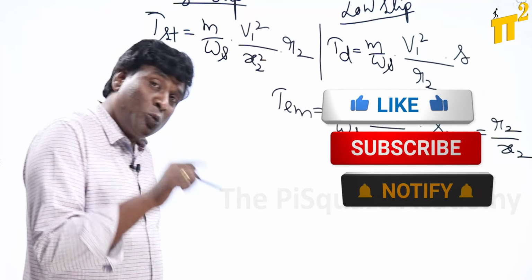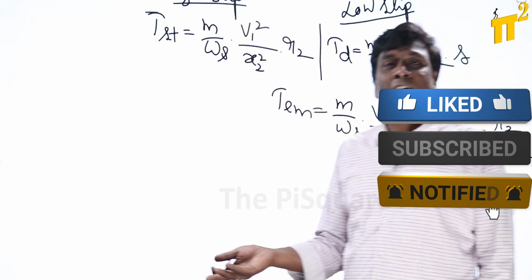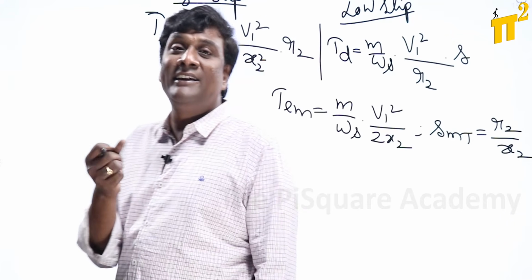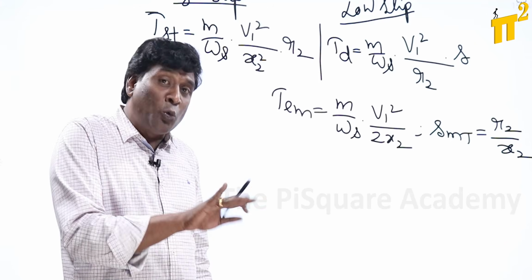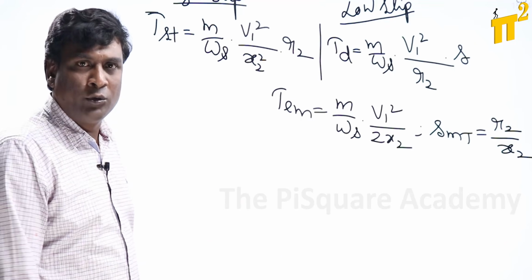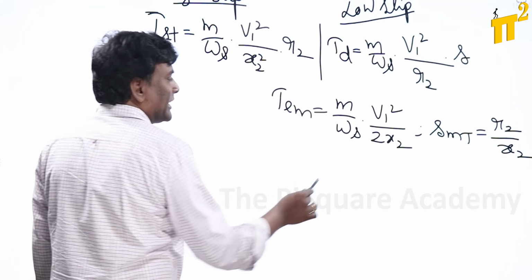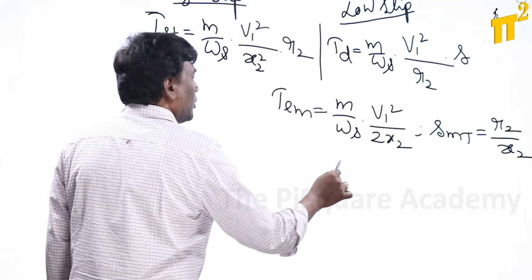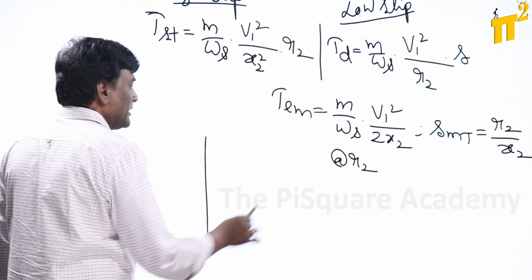In the exam they are going to ask, when rotor resistance is doubled, how much will be the variation of starting torque, or of pull out torque or peak torque, or in order to maintain the same torque, at what new speed it is going to rotate if the rotor resistance is doubled. Such a kind of question they are going to ask. Now if I try to change the rotor resistance, let me draw the characteristic with rotor resistance of R2.